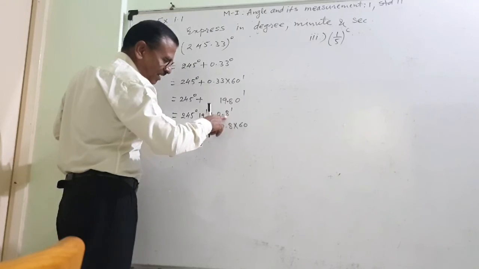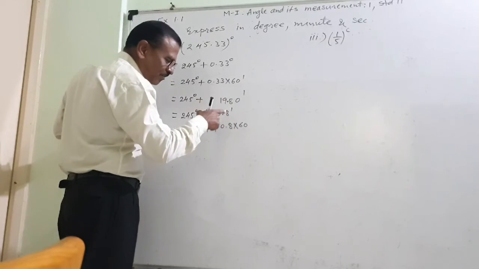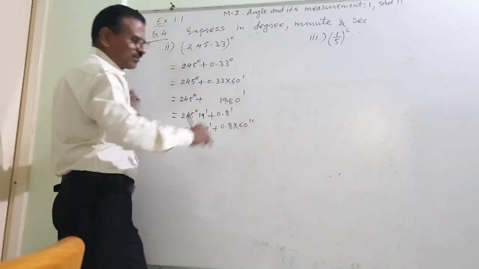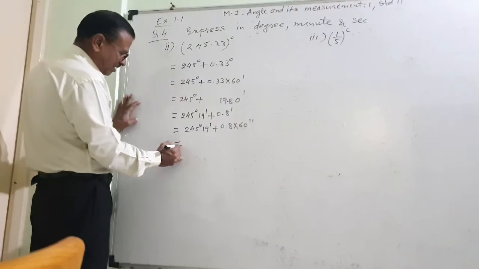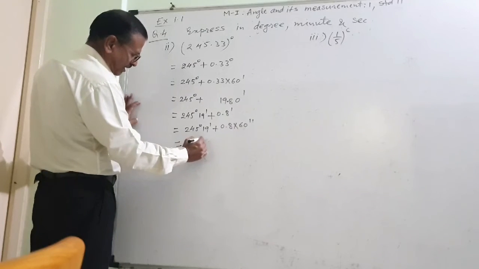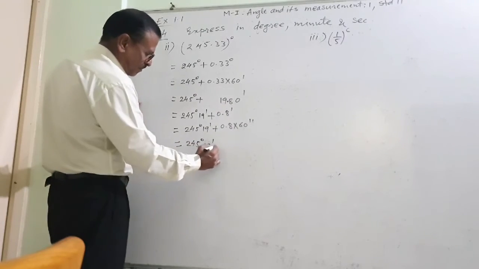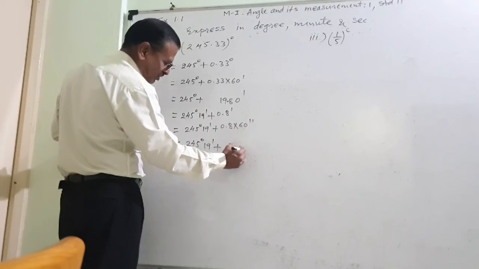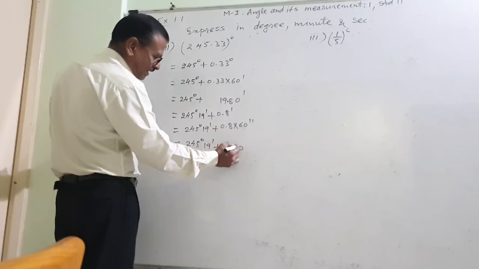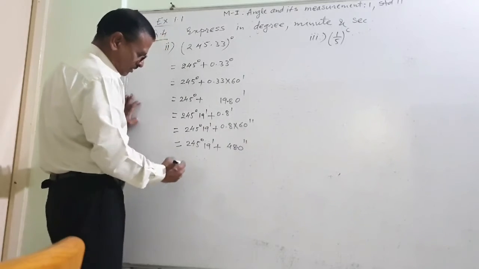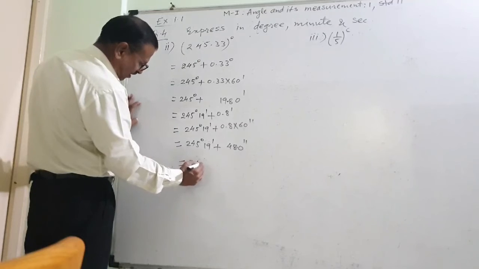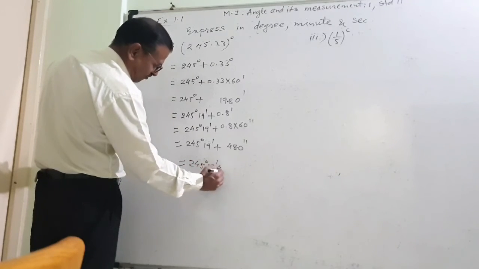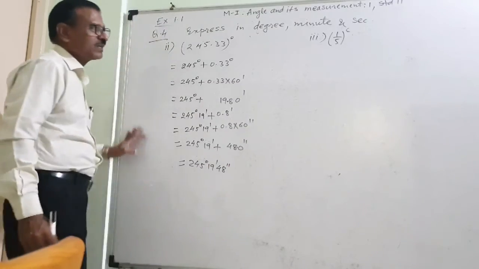If I multiply minutes by 60, it will get converted into seconds. So that is equal to 245 degree 19 minutes plus, now 6 8s are 48, 480, and this 0, 1 decimal, 1 decimal, and this is seconds. So that is equal to 245 degree, 19 minutes and 48 seconds.